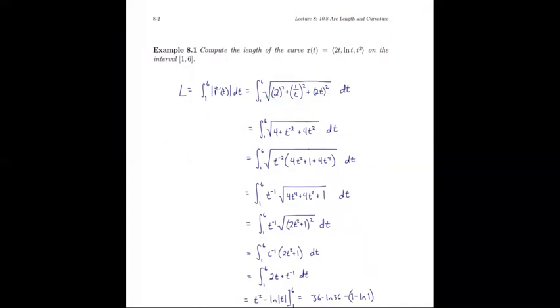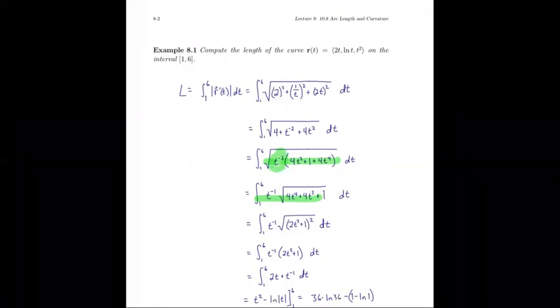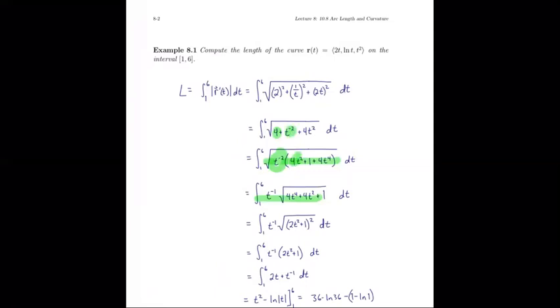We're off and running. There's a point here where we need to factor out t to the negative 2. We factored it away in this step from 4 and t to the negative 2 to get these two terms in this expression. Once that's done, we can factor this expression into this binomial squared.